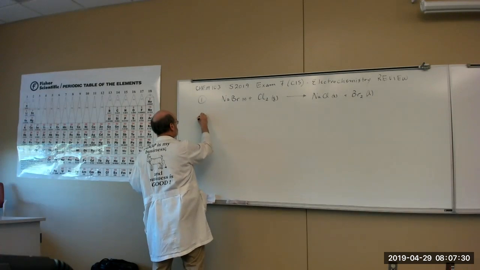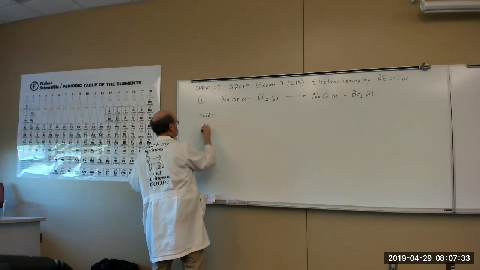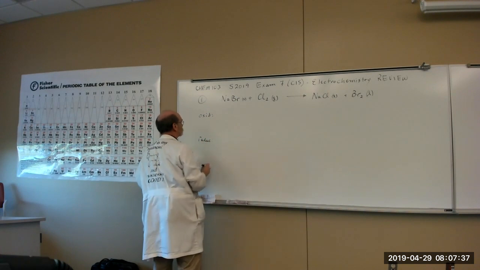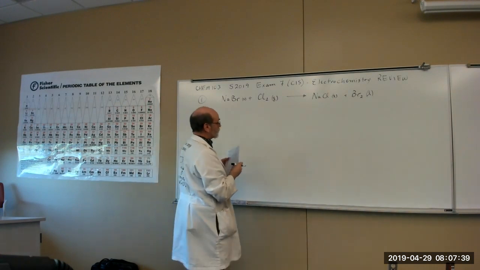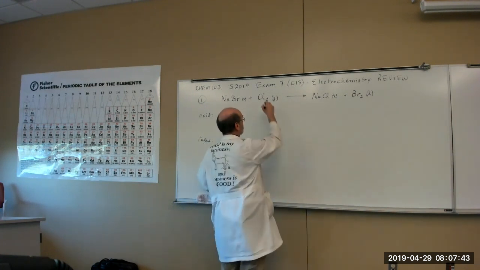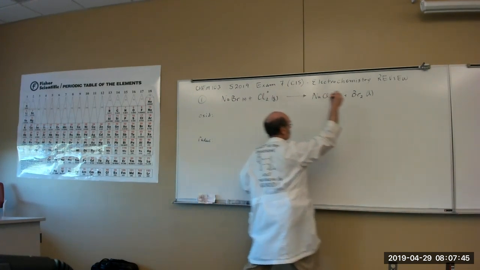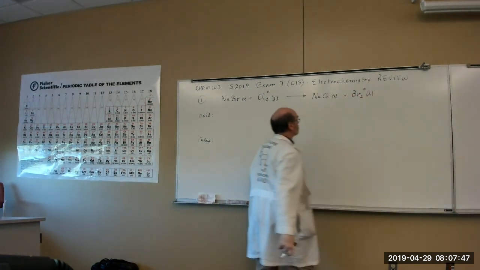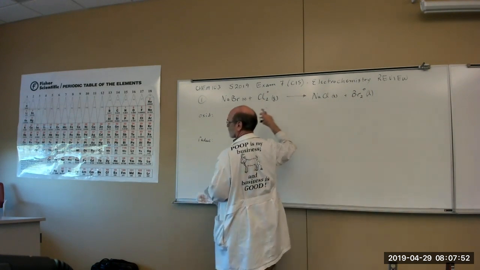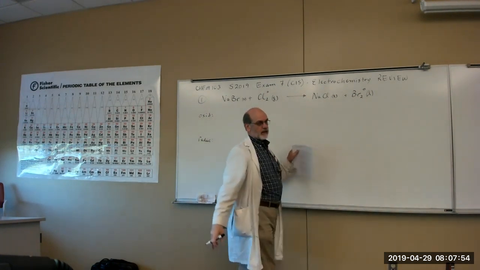Well, we need to separate them into oxidation and reduction. In order to do that, we have to determine the oxidation states, right? Pure elements are always 0. Those are the easy ones. The sodium is an alkali metal.